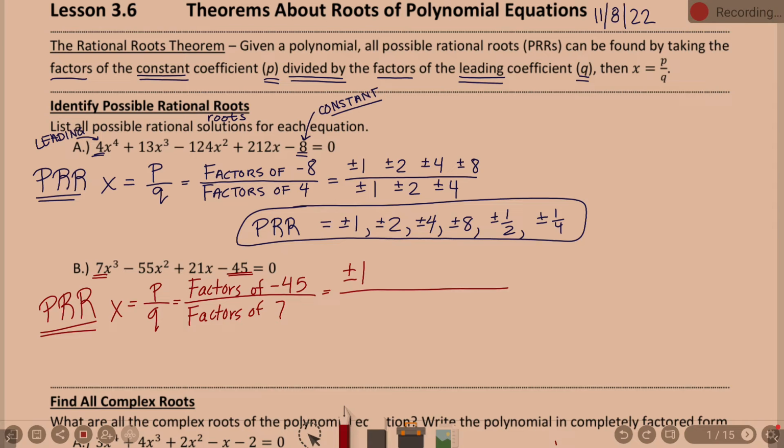So 1, we already said. 3. 4 is even, you don't have to worry about it. 5, we already mentioned 5, didn't we? 6, no, it's even. 7, does 7 go into 45?